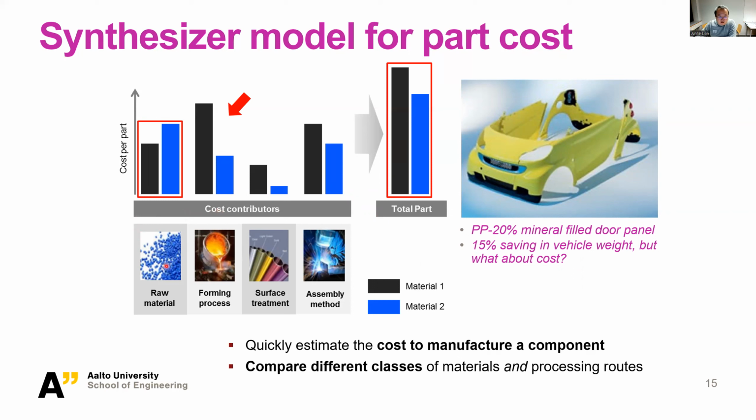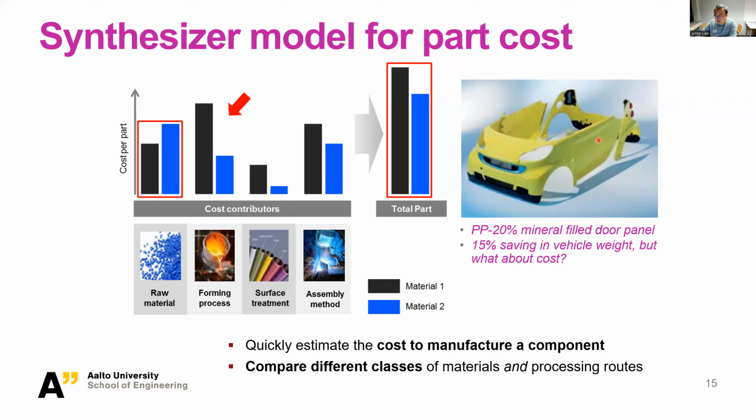So it includes, let's say, the raw material, the forming processes, surface treatment and assembly method. So it gives you an overall cost model for producing the materials. Yeah, so as you can see here, this is to produce a total part of this door panel. Yeah, so this exists for any kind of car.